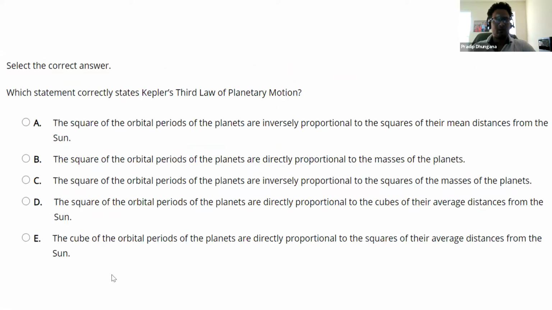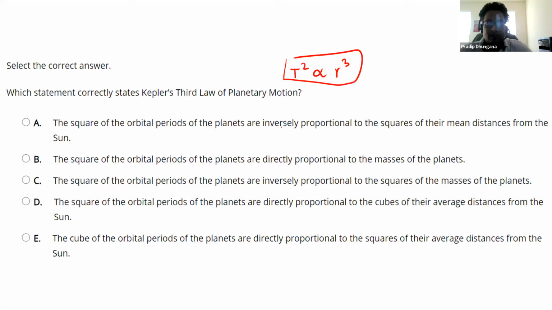This question is about Kepler's third law of planetary motion. According to Kepler's third law, the square of the orbital periods, that is T square, is directly proportional to the cube of their average distance from the sun. That is T square is directly proportional to R cube.